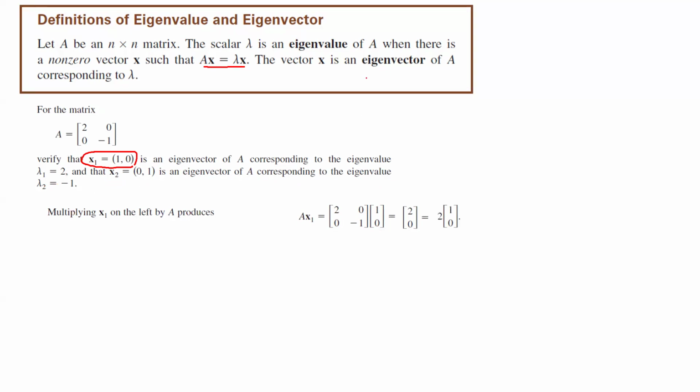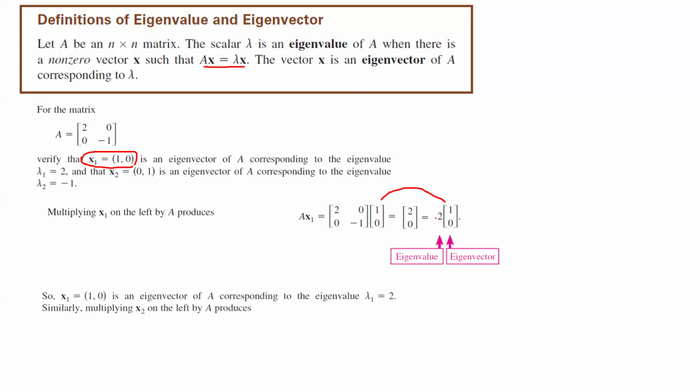So you basically formed lambda times x, the same vector x. This 2 is your lambda, or eigenvalue. Now, since x1 is 1 and 0, lambda equals 2 is the eigenvalue corresponding to this eigenvector.